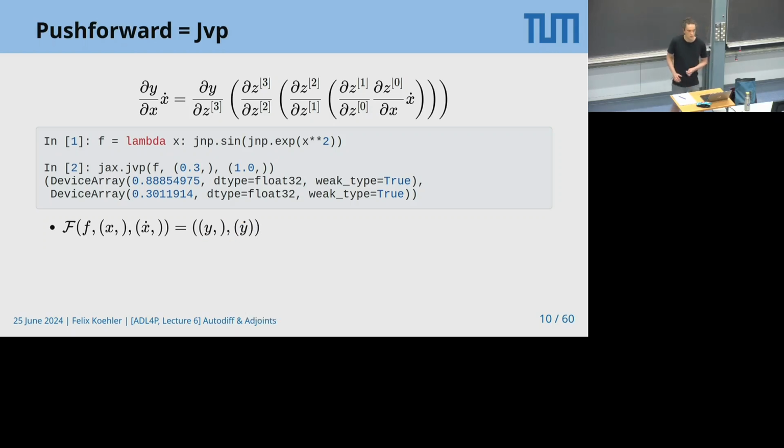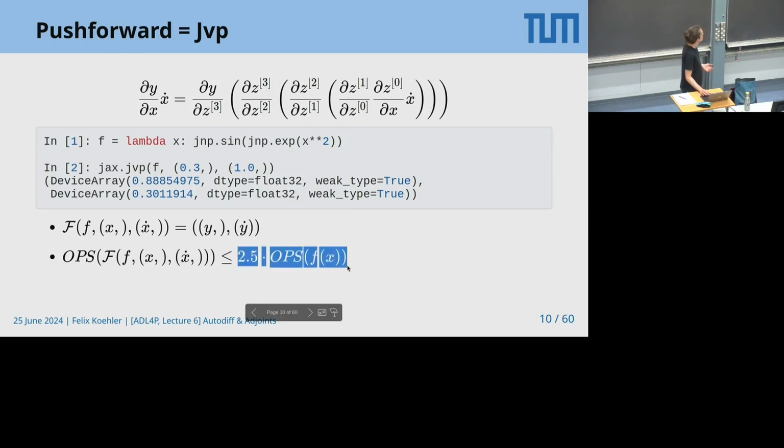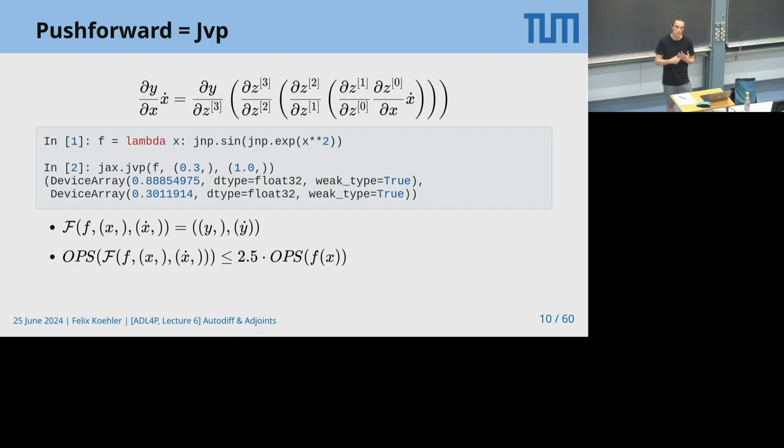And there is this very core insight in automatic differentiation, something you can mathematically prove if you restrict yourself to some nicely behaved operations: the number of operations, for instance in terms of floating point operations, for executing the entire push forward is less than 2.5 times the operations it takes for the primal execution. And keep in mind, when you do this push forward, you get both the primal output and the tangent output. So you get both quantities for the cost of 2.5 times of just getting the primal output.